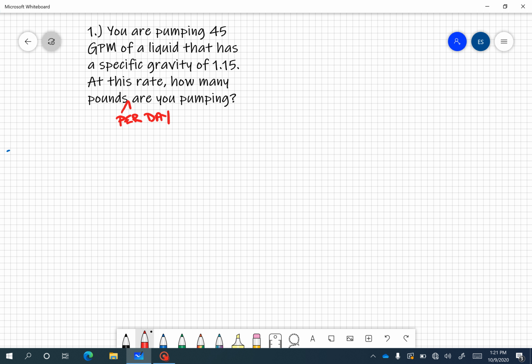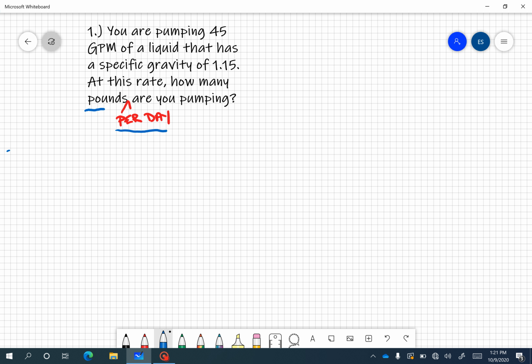First thing I always recommend you do when looking at these word problems is underline the answer, or what information they're asking for in the answer. And in this question, they're asking for pounds per day. There's that magic word again, per.